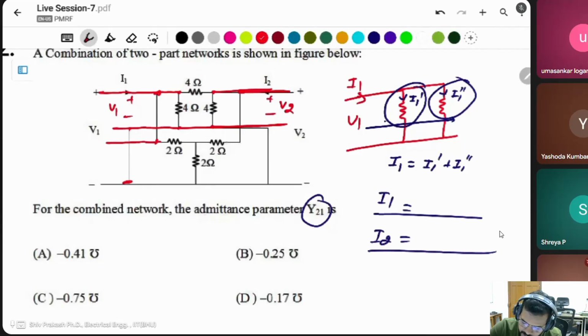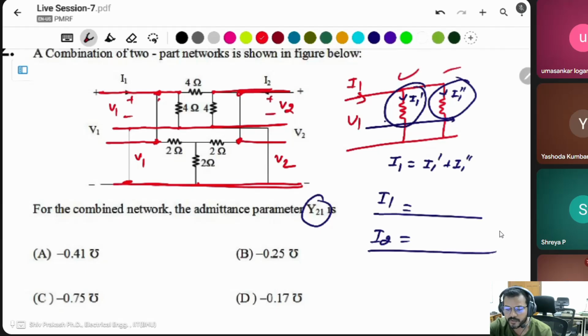Another one, V1 and V2, both are connected in parallel to each other. These two are the same point. That's why, in parallel combination, I take it part-wise, first one and second one, both are parallel, and simply add these two currents.